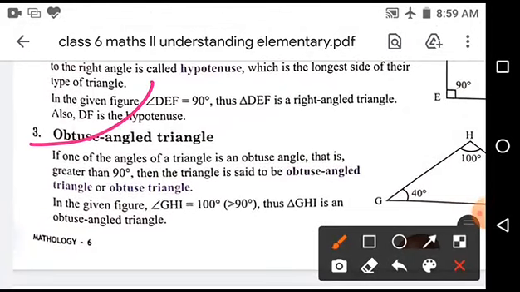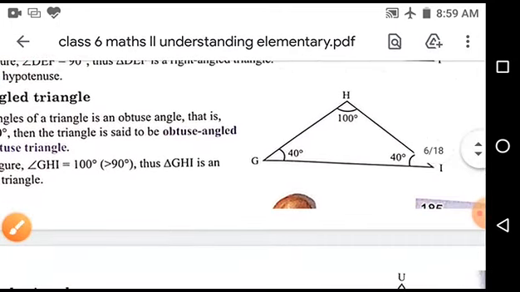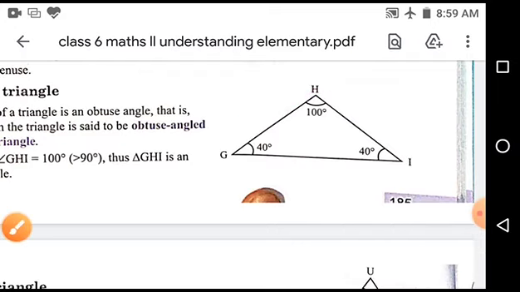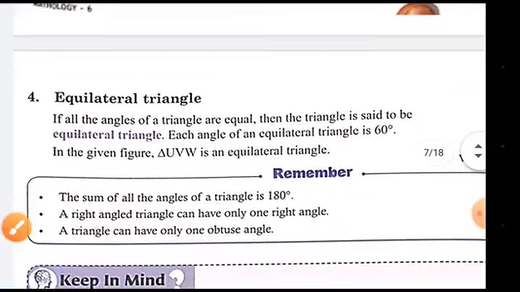Obtuse means more than 90 degrees and less than 180 degrees. If a triangle contains one angle which is more than 90 degrees and less than 180 degrees, then such a triangle is known as an obtuse angle triangle. Here in triangle HGI, angle H is 100 degrees, so it is an obtuse angle triangle.